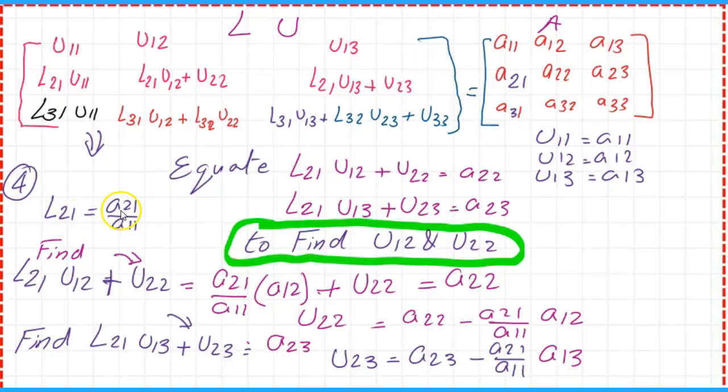We have L21 equal to A21 over A11. Then L21 by U12 plus U22 equal to A22, but already L21 is A21 over A11, and U12 is nothing but A12. So we can get an expression for U22 as equal to A22 minus A21 over A11 by A12.